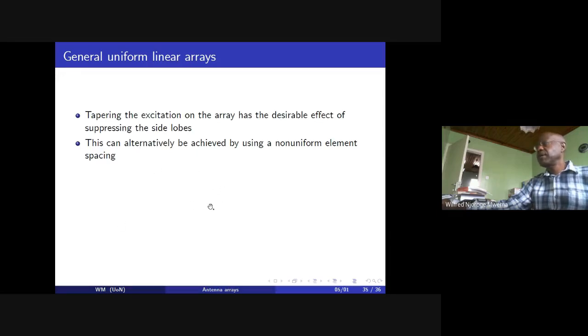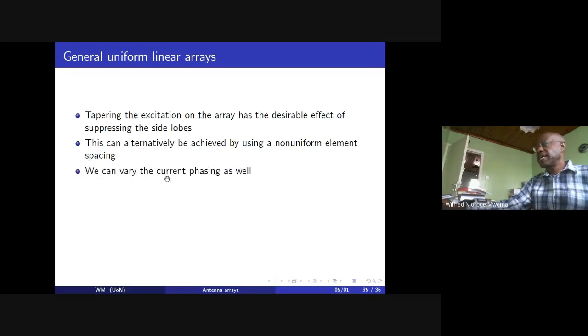So the same thing, we can use a similar technique and remove some of the elements from the array itself, thereby making the inter-element spacing non-uniform throughout the array.